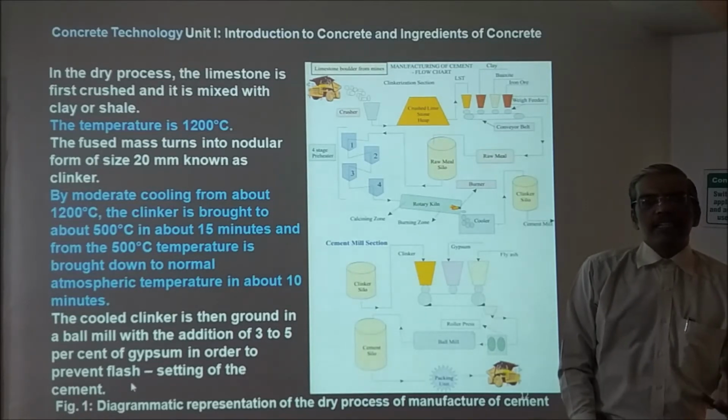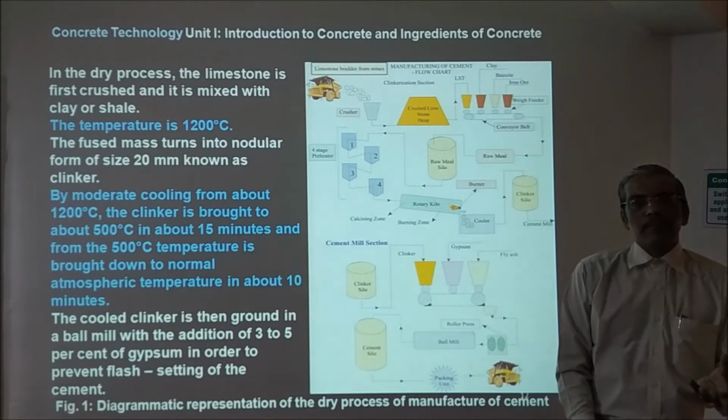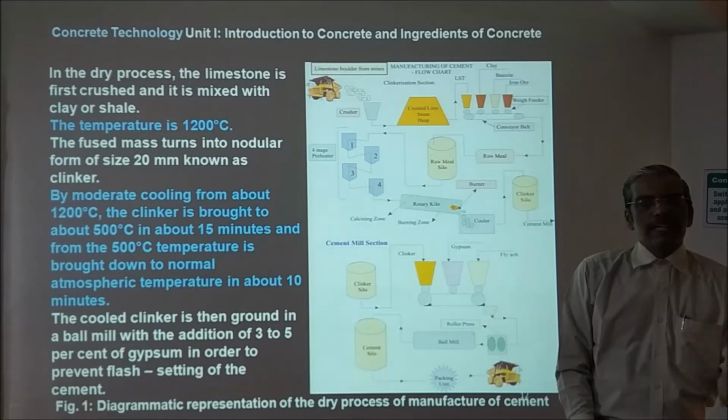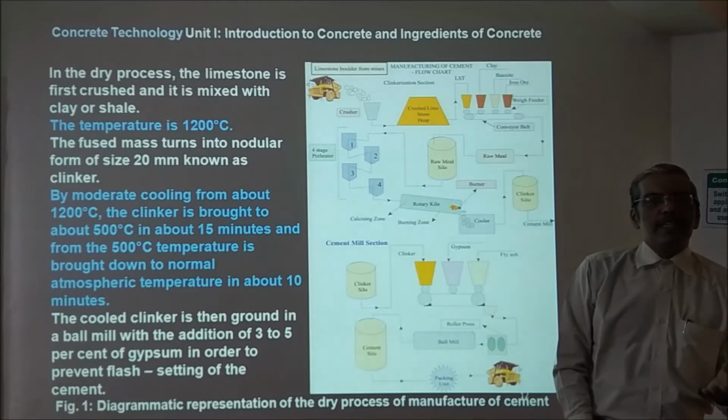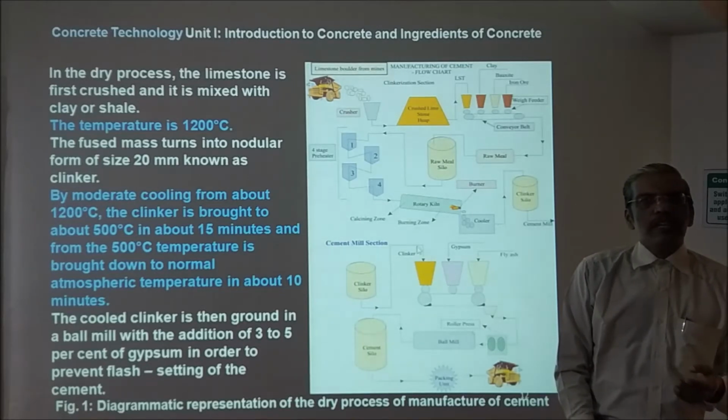As in POP, plaster of Paris, when we add water it sets fast. The same should not happen here, so the gypsum is added in the cement. Here we can see the flow diagram for cement manufacturing by the dry process.